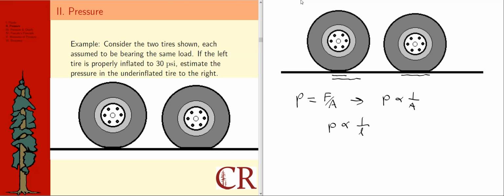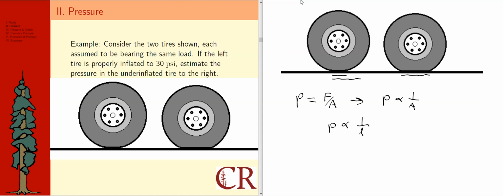And given that pressure scales inversely with that flattened length, the length of contact with the road really, that would mean that this tire should be at half the pressure.